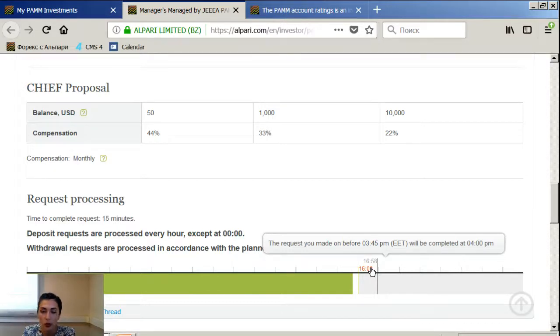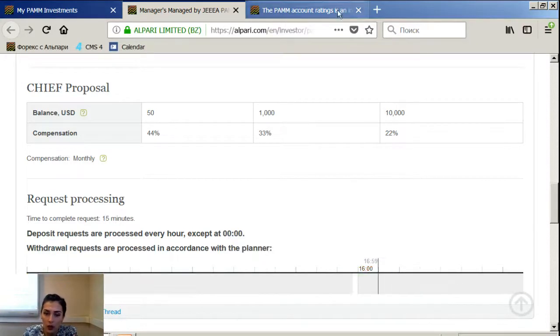Eastern European time is 2 hours ahead of the UTC, this is Coordinated Universal Time, and 1 hour behind Moscow time. Now in Moscow it is almost 5 p.m., without 1 minute, and by Eastern European time it is 1 hour before.